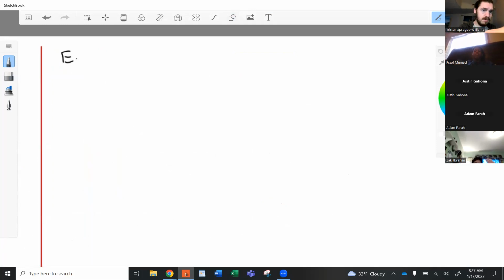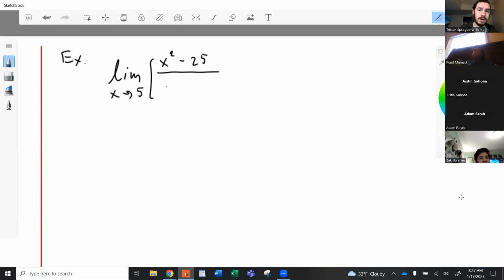Okay, so for this next example, let's look at the limit as x approaches 5 of x squared minus 25 over x squared minus 4x minus 5.